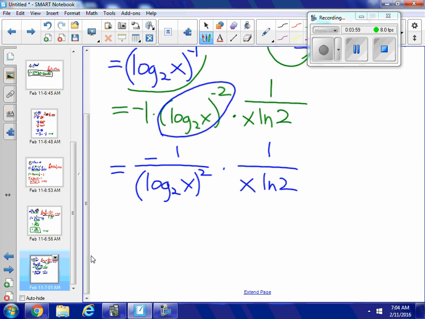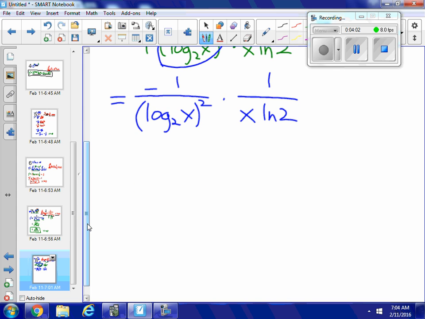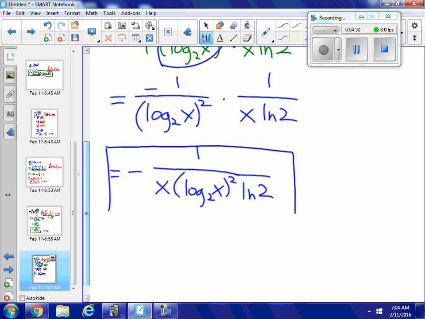So I would just rewrite that as one single fraction, and I would call it negative 1 divided by x. I like to bring the x to the front. And then it really doesn't matter what order you put these in. Log base 2 of x squared ln 2. And that is the derivative, and x has to be greater than 0.